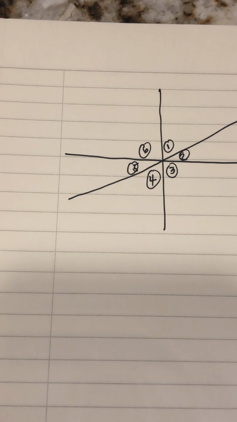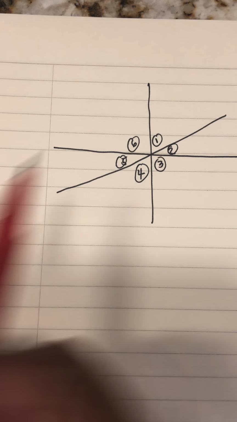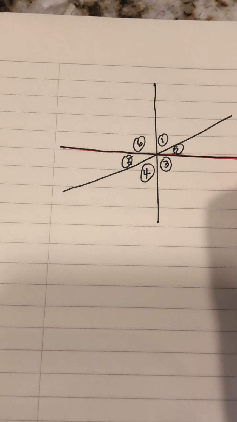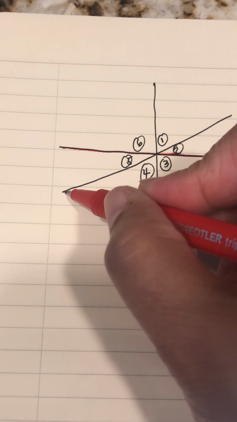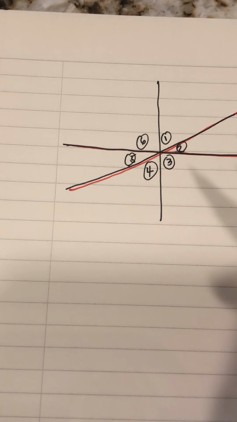Okay, now in the test, I would say, which angle is vertical to 5? You're just going to look at angle 5 and trace both sides of that angle. Trace both legs. Okay, so angle 5 is vertical to 2.